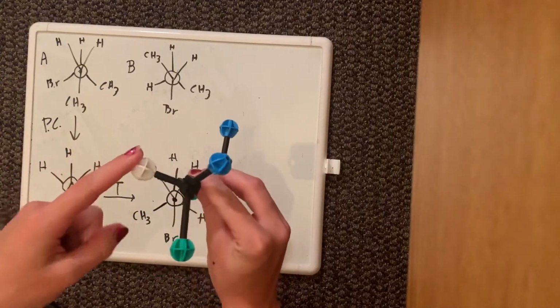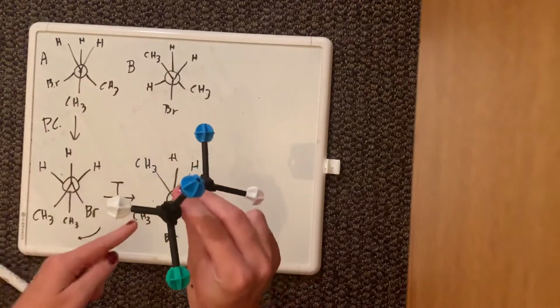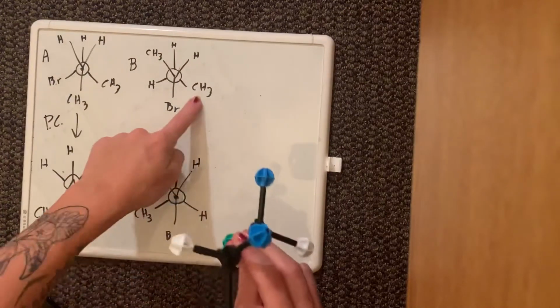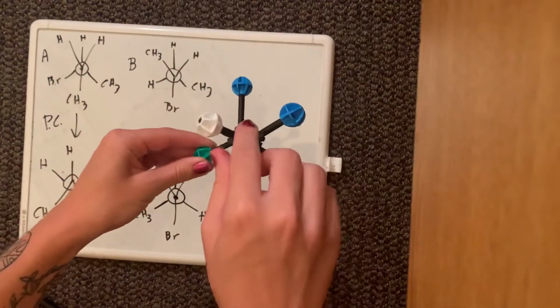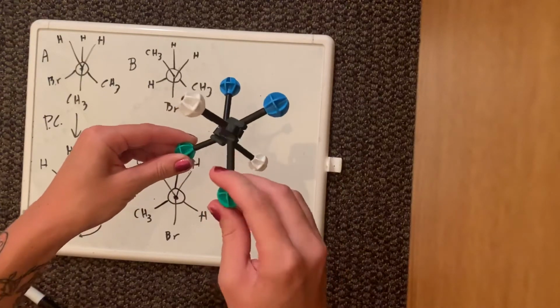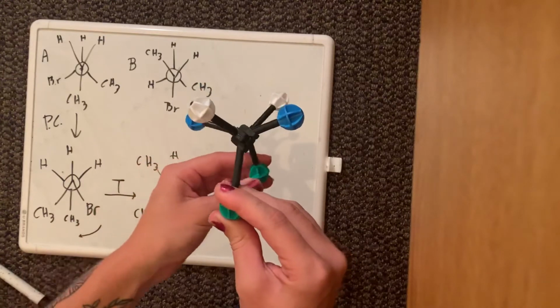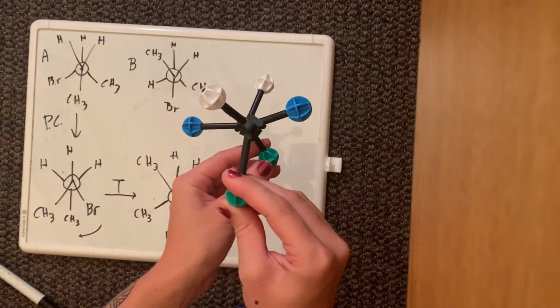Here's our CH3, our H, our bromine. They're exactly the right place. And now we have our H, and our CH3. We want it to look like this. So that means that we can take our back carbon. Watch what I'm doing. I'm so sorry, my big hand. And I want my CH3 to be on this side. So that's what it means when I'm rotating the back carbon.